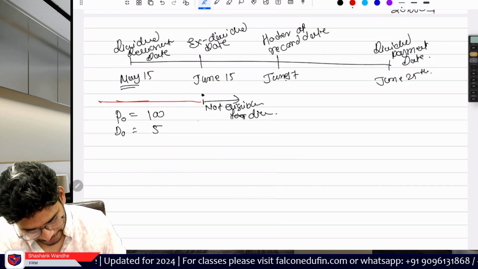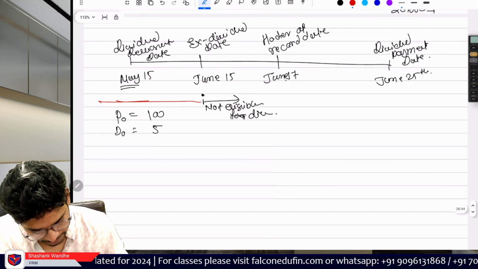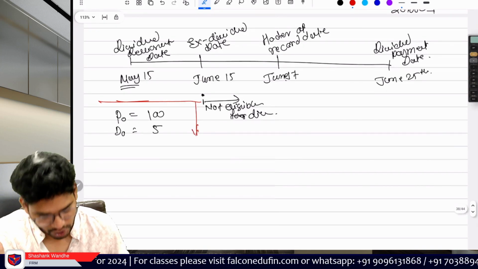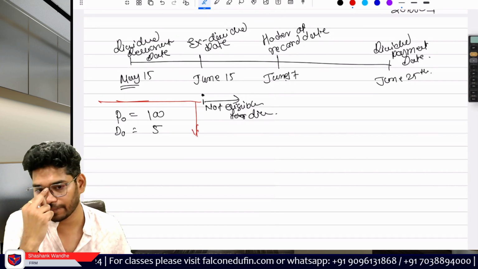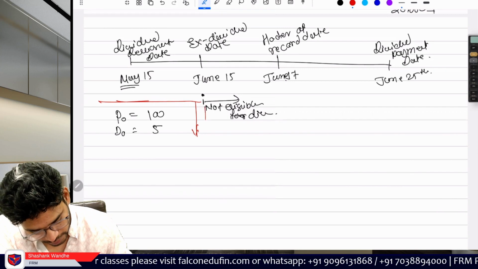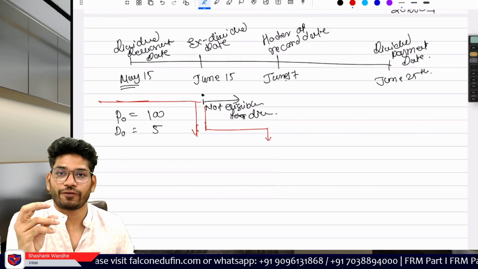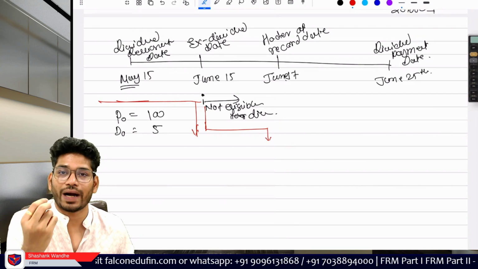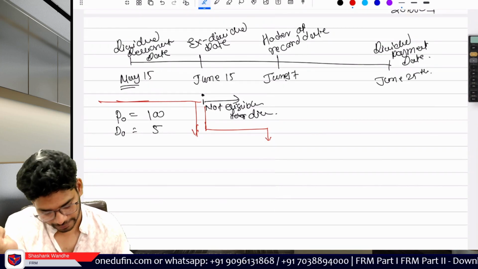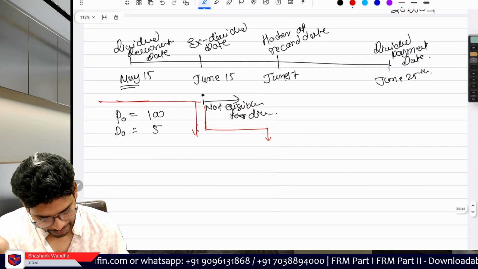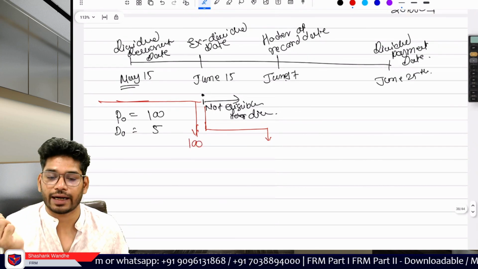Now on this X dividend date, what happens? Let's take one example. First, one day before the X dividend date, and then we will see just after, on the X dividend date. If you purchase the share one day before the X dividend date, you will buy it at, let's say, 100.